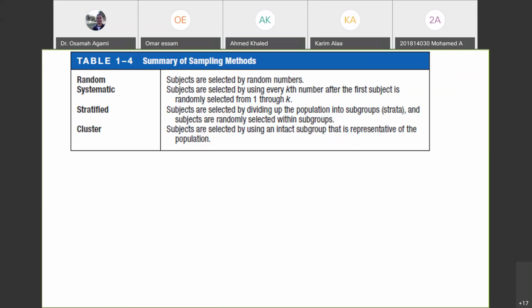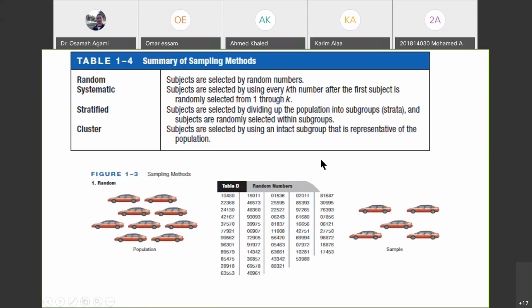Maybe a photo or picture will be easier for you. This is how to take random cards from this one. You have a random table. Using the computer, you can choose the random sample. He's looking for a sample of 5 from the population of 2, 4, 6, 8, 9.